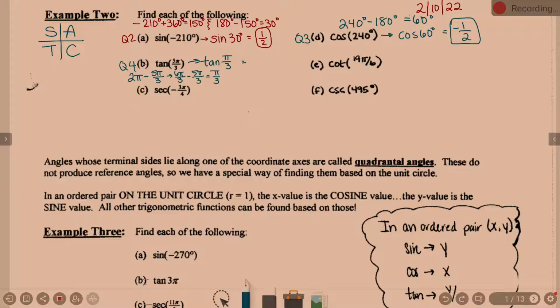Square root of 3. Positive or negative square root of 3? Negative. We're in quadrant 4. Quadrant 4 is our cosine quadrant. So cosine's positive, but sine and tangent are negative. So negative square root of 3.